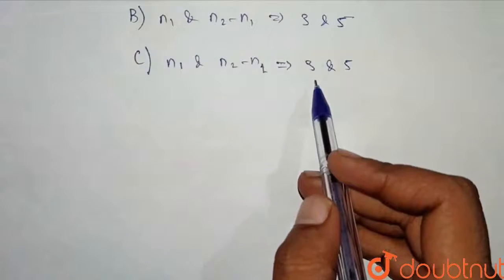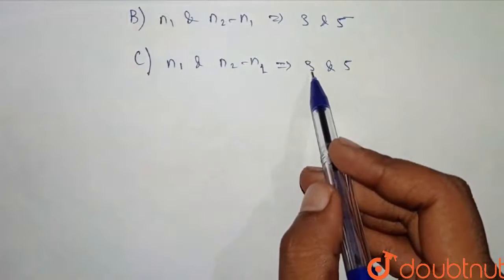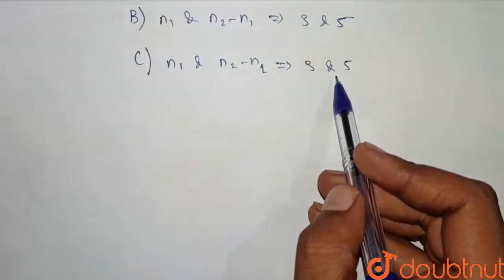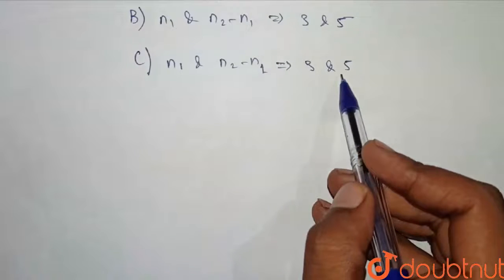We know that twin prime numbers are those numbers whose difference is 2.